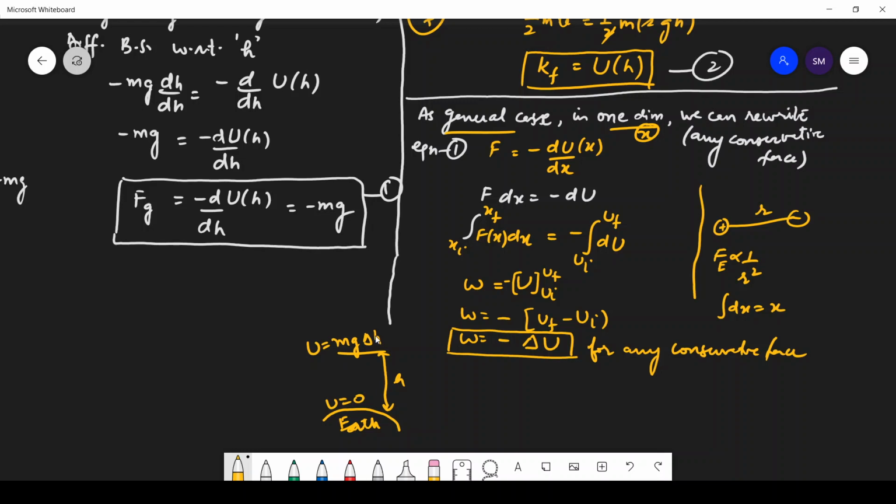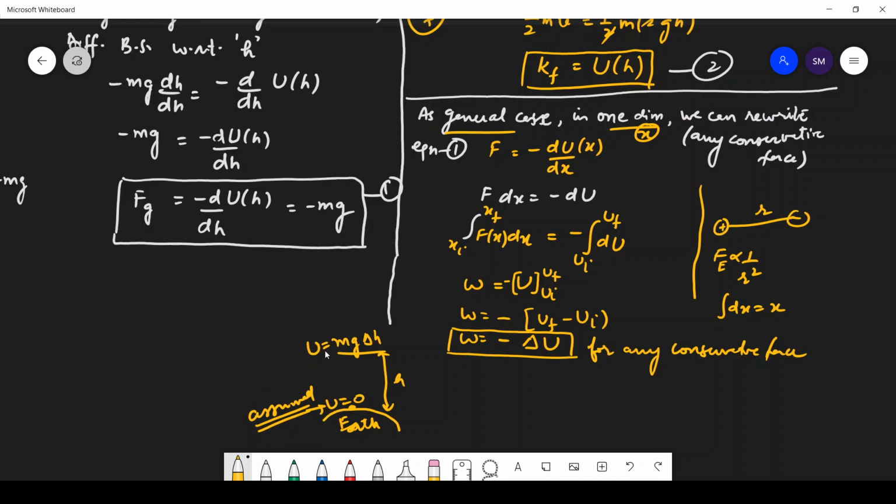Of course, you can write delta h or h, it's the same thing. So you have assumed here that the potential energy is 0. Oh, sorry, this is your assumption, that the potential energy is 0 at the surface of the earth.